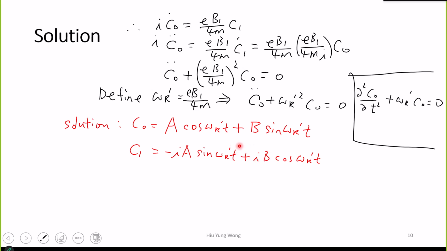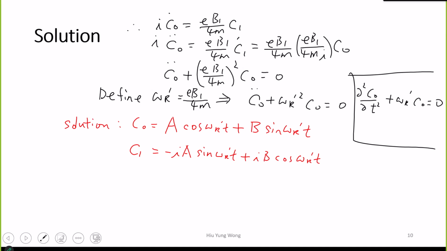It's an oscillating problem. C0 will go to very small and then go up. They all follow this trigonometry, sine, cosine formula. Is this okay?